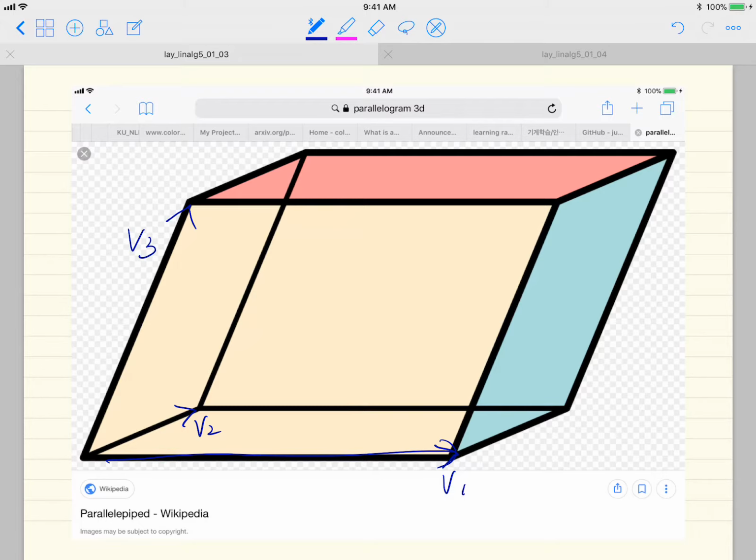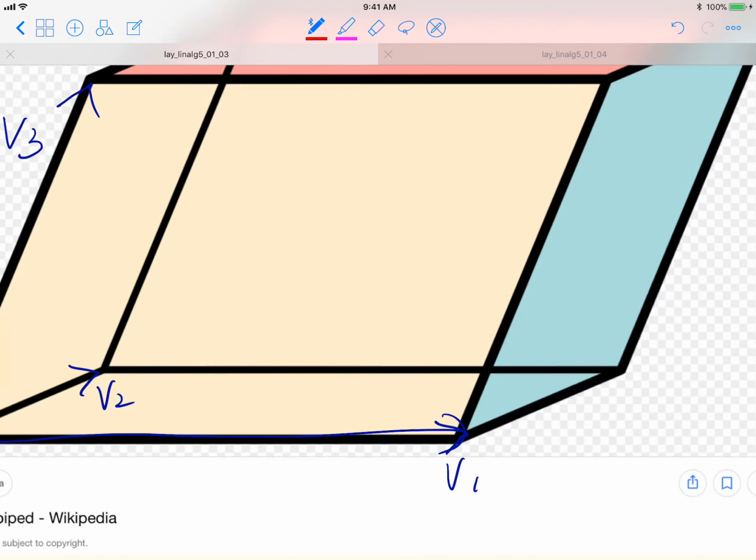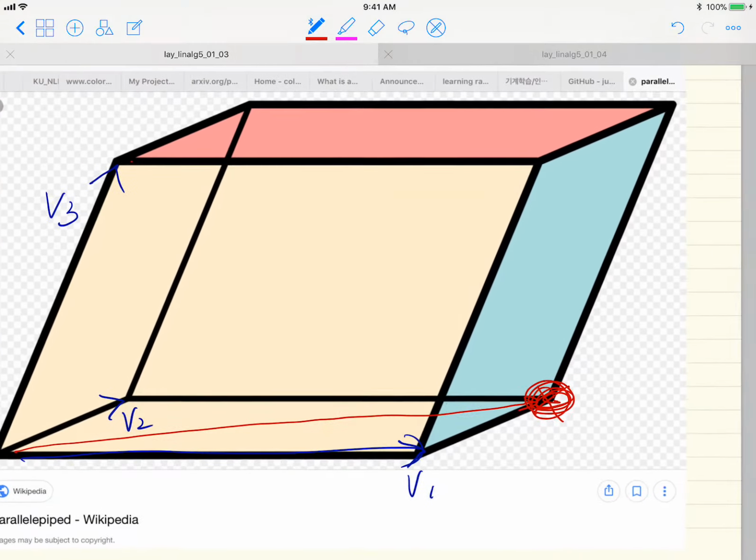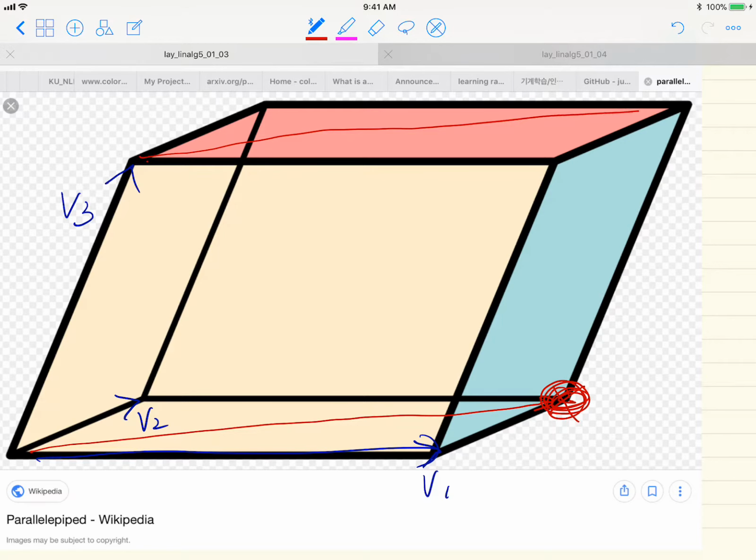V1 plus V2 will be this point, right? And then this point plus 1 times V3 forms the new parallelogram like this.